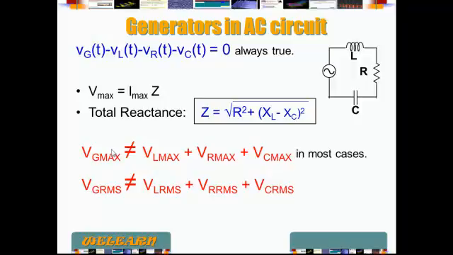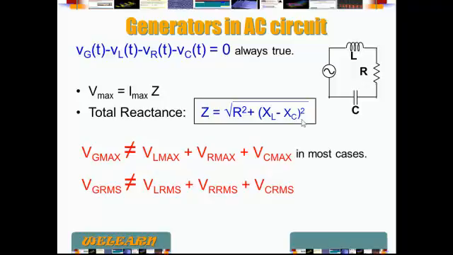Now, when we have these particular devices in series, L, R, and C, their total reactance is going to be given by this expression: square root of R squared plus (XL minus XC) squared. We'll explain why that is the case a little later.